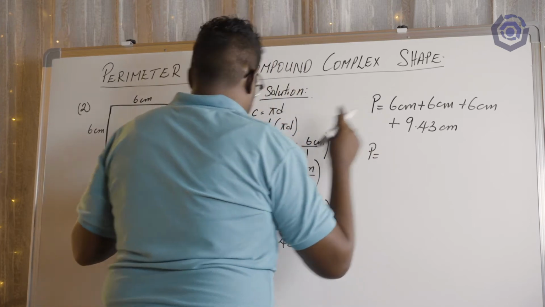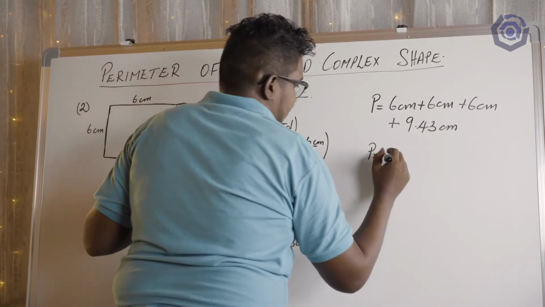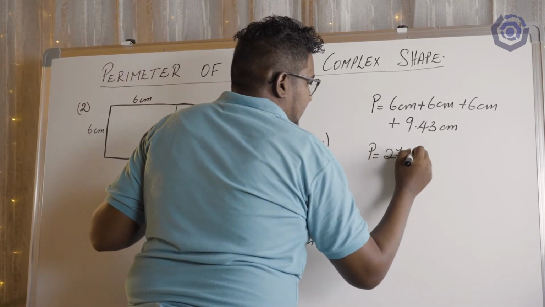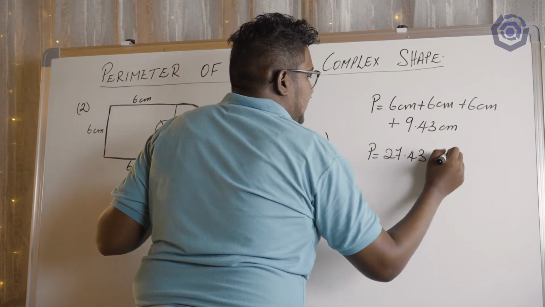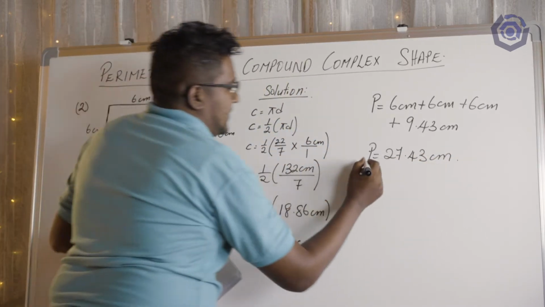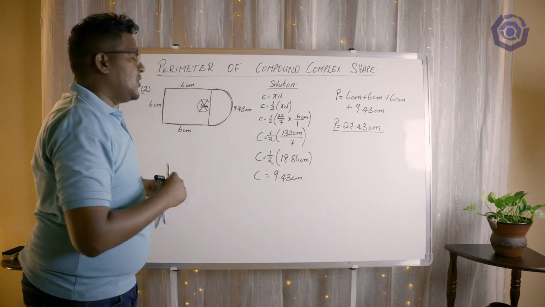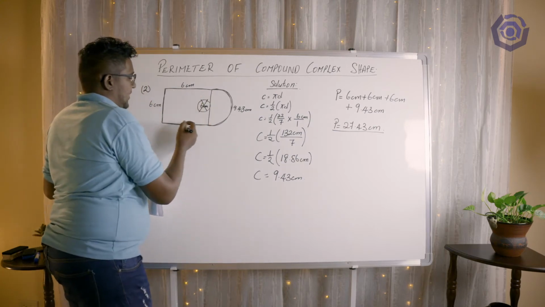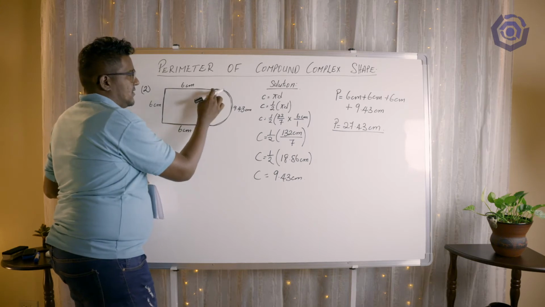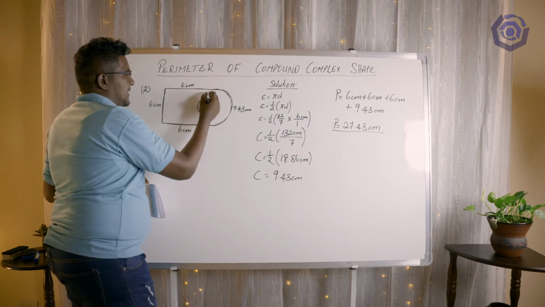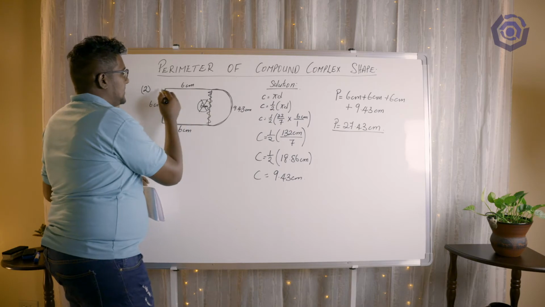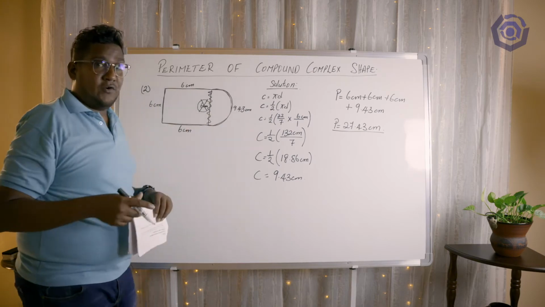So the perimeter is equal to, when we add them up, 27.43 centimeters. Remember that even though we have a square and a semicircle, you have to look at what is on the outside. This is not on the outside, so we can't use this part. This part is totally out. So we just add the distances around the shape.